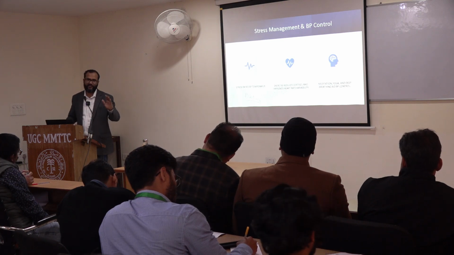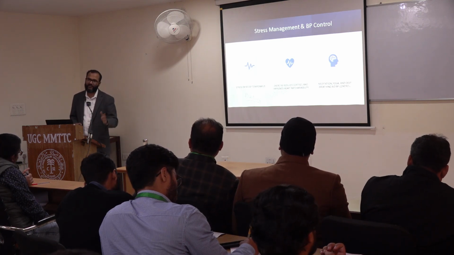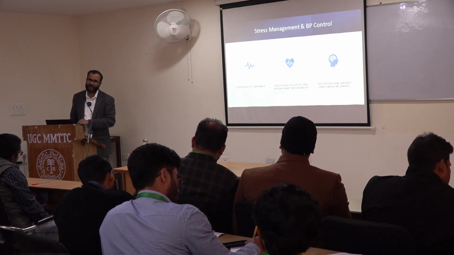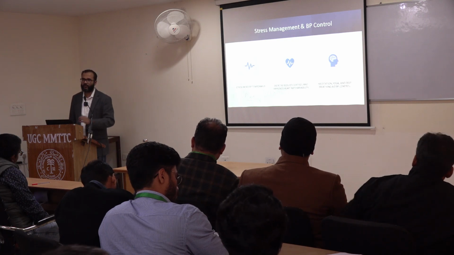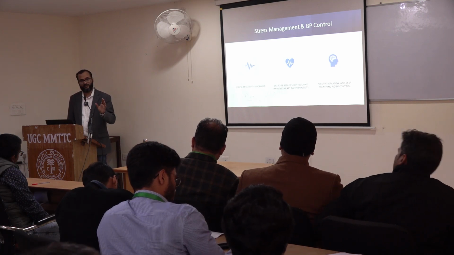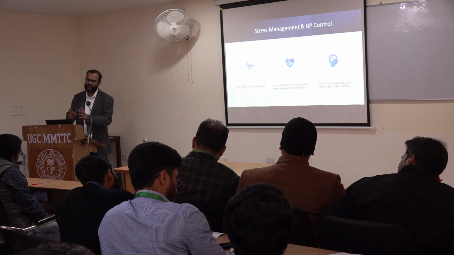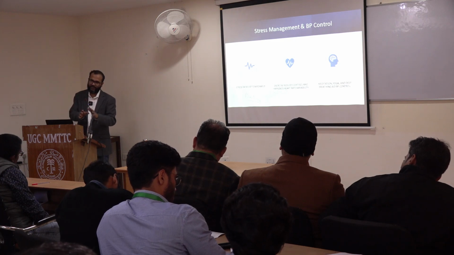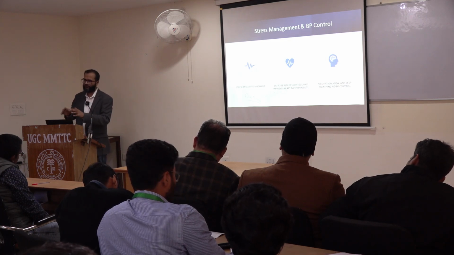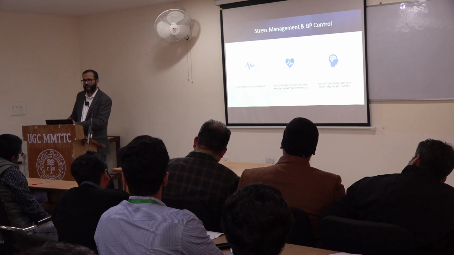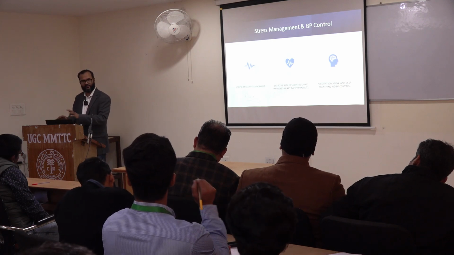If we grade them all in the severity of risk, the highest is smoking. Smoking is the highest. Rest all, diabetes, lack of physical activity, they are all almost the same, some here and there. Stress level is the lowest.